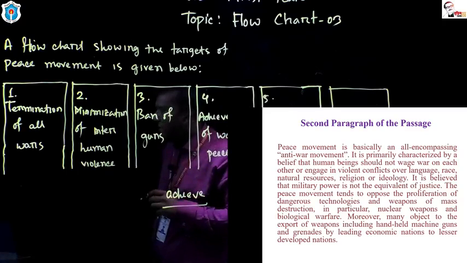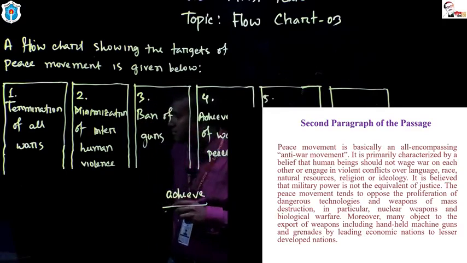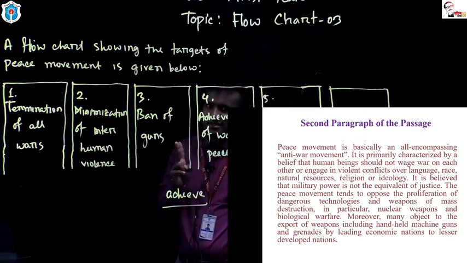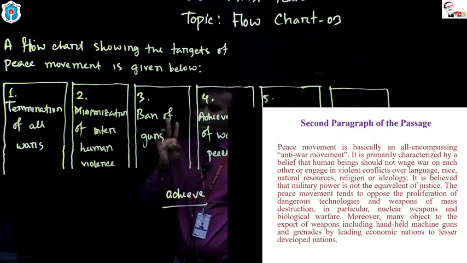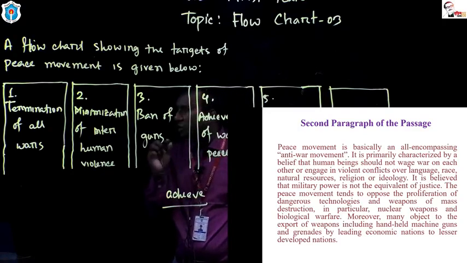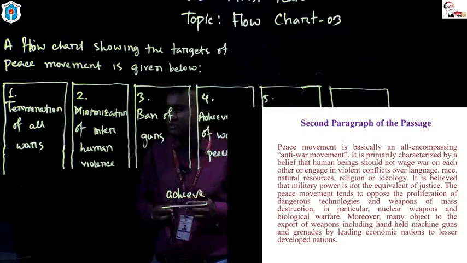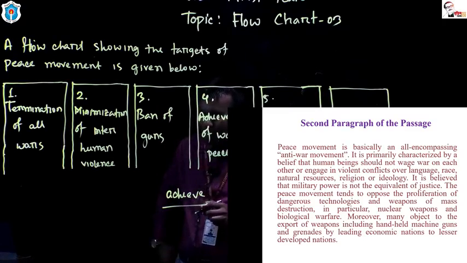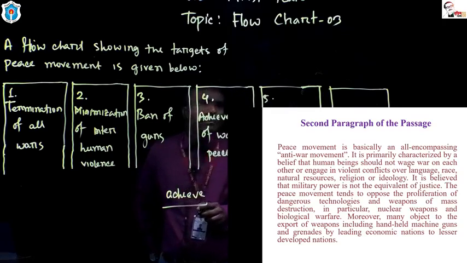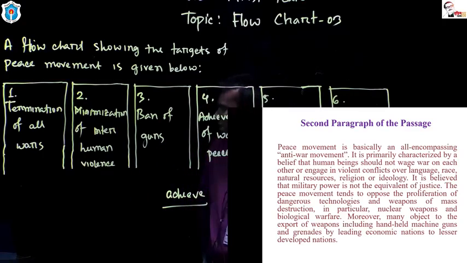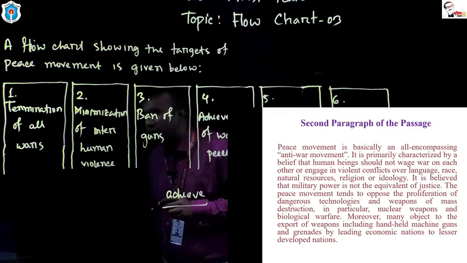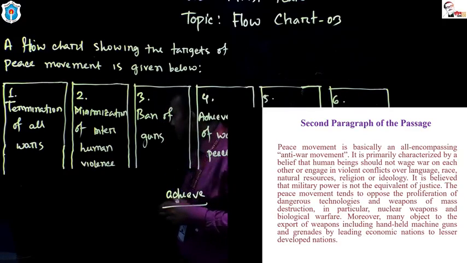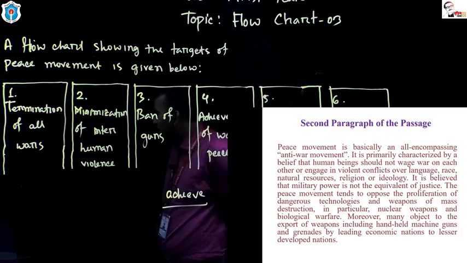Peace movement has two targets, and I have talked about two targets which are included in the second paragraph. What can be taken? Comment please. I would like to have the sixth answer, please.